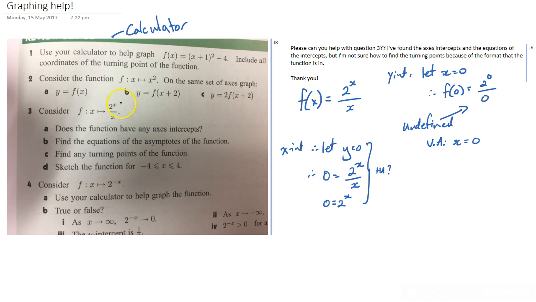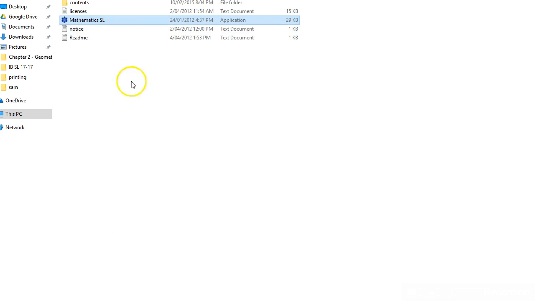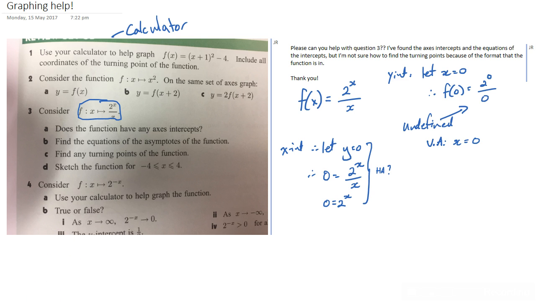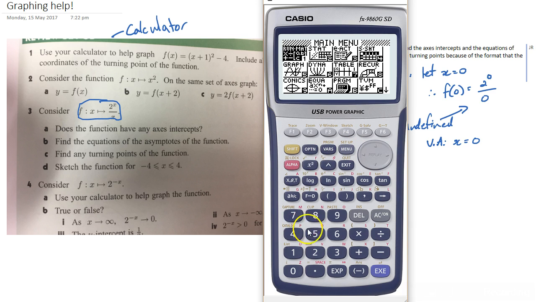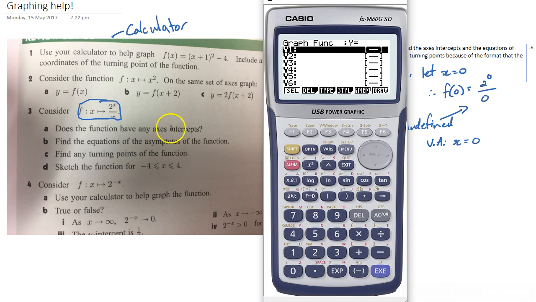Well, the good point about this one is, of course, that this is your calculator question. So what they're actually wanting you to do is go ahead and get your calculator out and have a look at what to do. So let me just pause while I get my calculator out and we'll come back. So we've got the calculator here. Let's turn the menu on. I want to graph something, so I go to the graph function. 2 to the power of x divided by x.